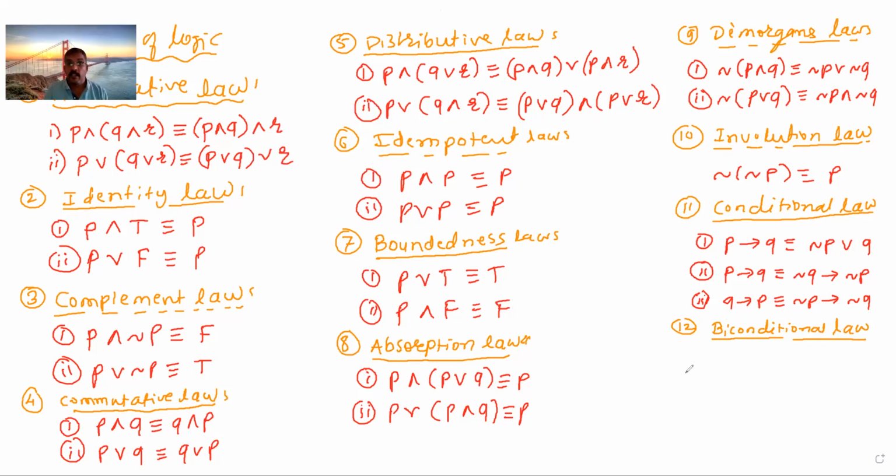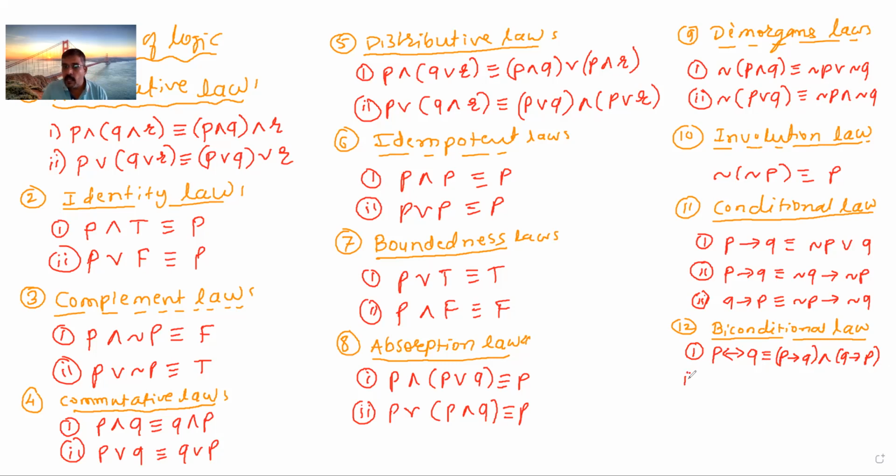The meaning of biconditional: the first statement, P double implication Q, is logically equivalent to P implication Q and Q implication P. The meaning is P is the hypothesis and Q the conclusion, and then Q becomes the hypothesis and P becomes the conclusion. Here both are hypothesis as well as conclusion, one time one and one time the other. P implies Q as well as Q implies P. This is the meaning of biconditional.